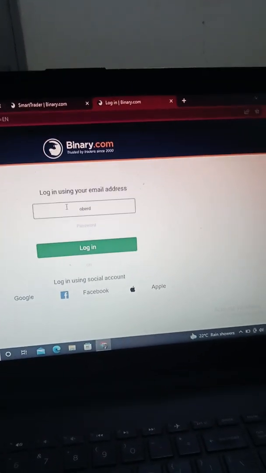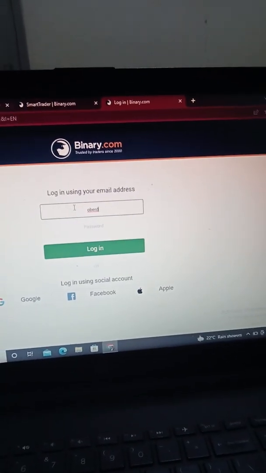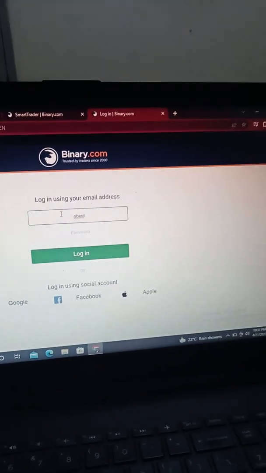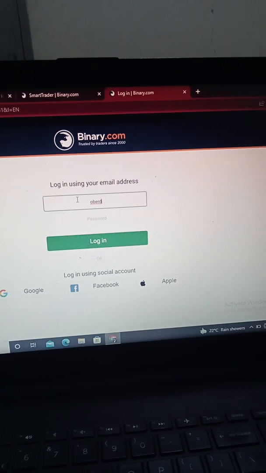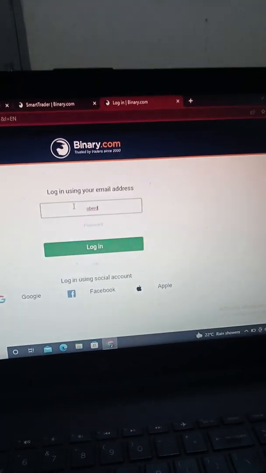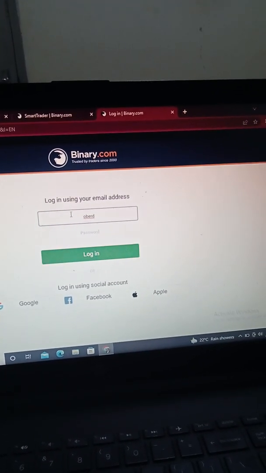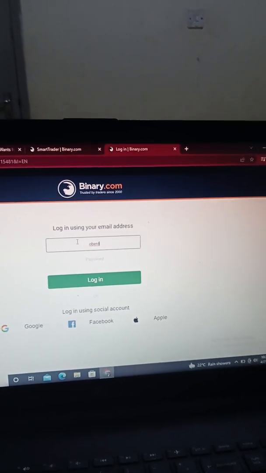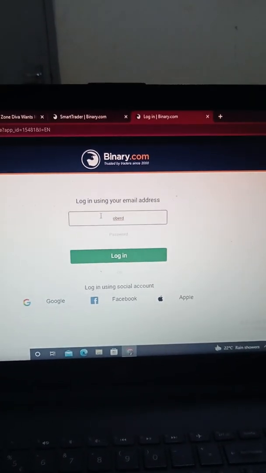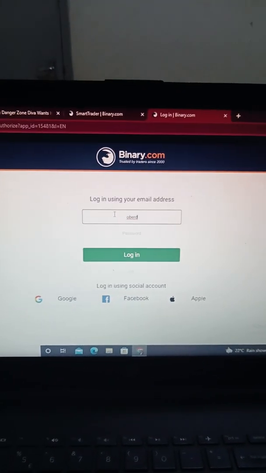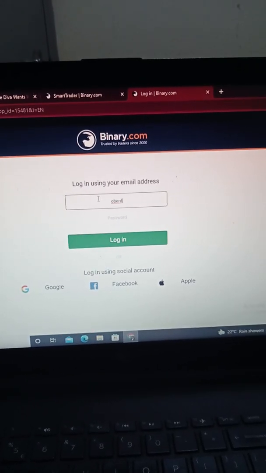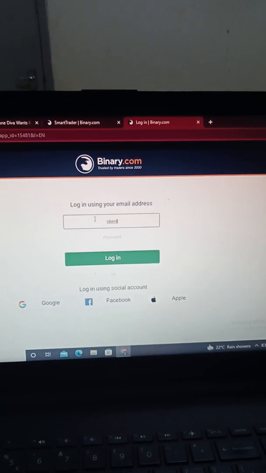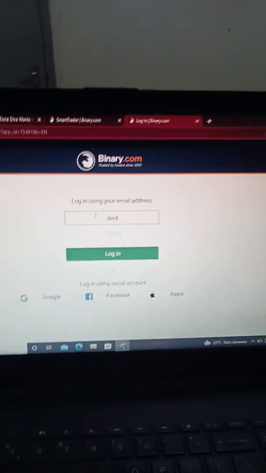Remember, while trading with the Binary.com bot, for this case we are using the Monster bot, you need to transfer your capital to the CR account. The CR account is like the main Binary.com account that enables you to transfer your capital to either the synthetic indices account or the forex account.